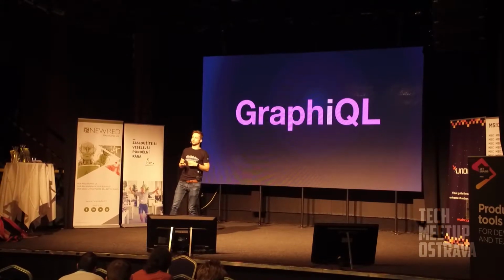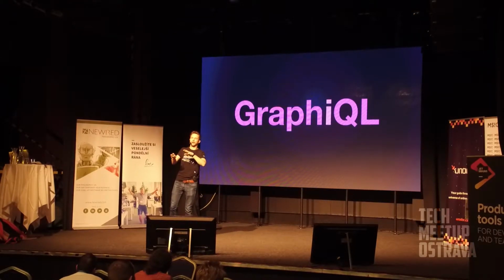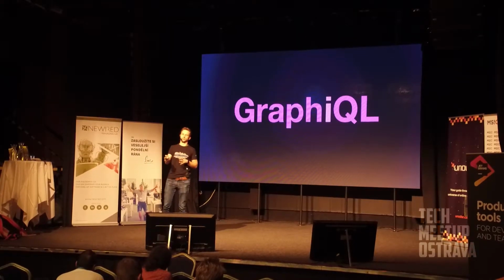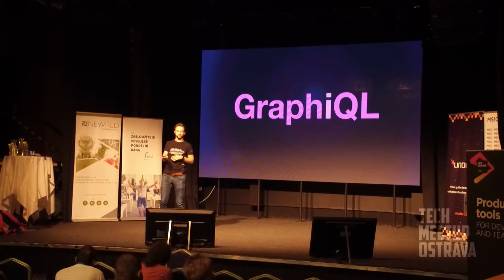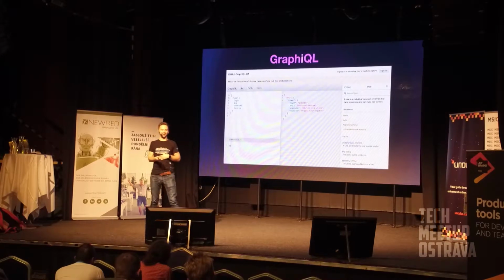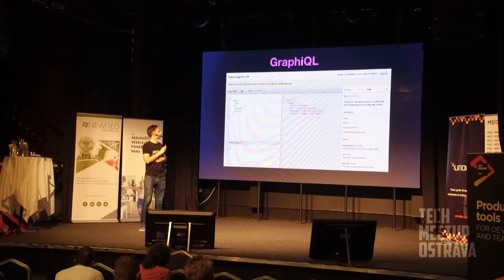There is a tool that allows you to play with the GraphQL endpoint even before fetching data from it on the client. It's called GraphiQL, and there's some animation. I think it's not really readable. It's not readable at all.